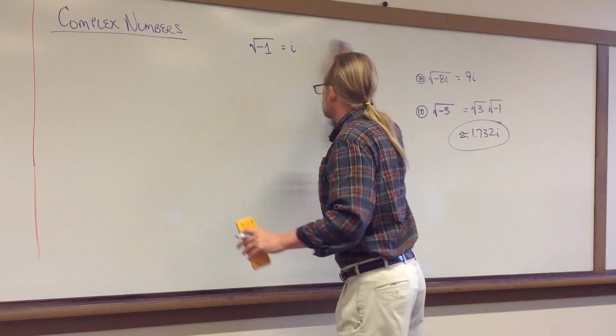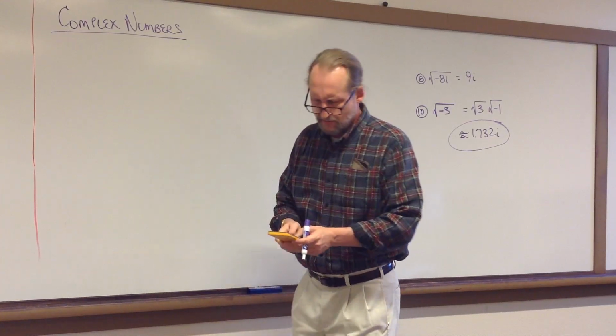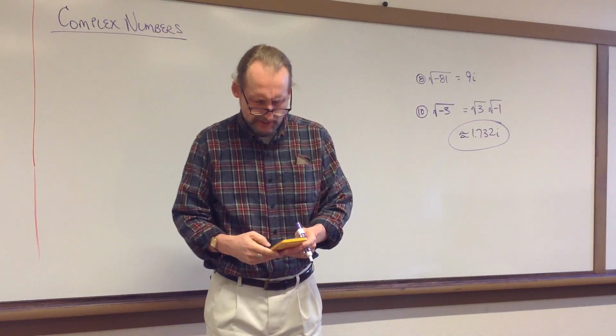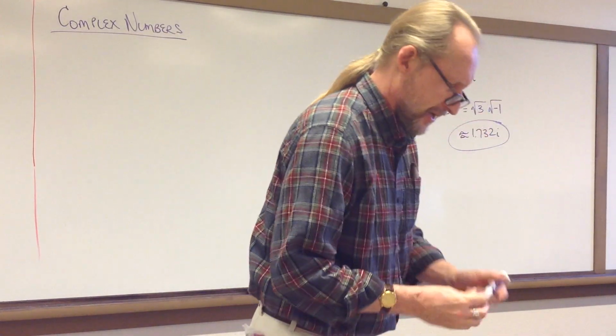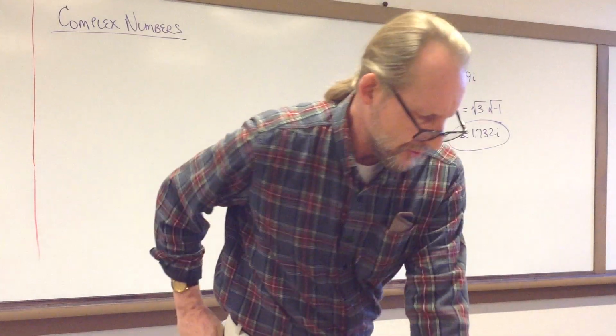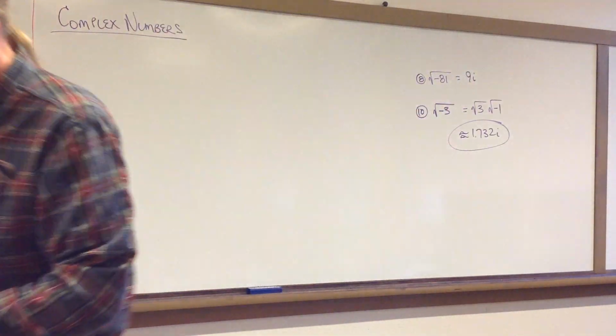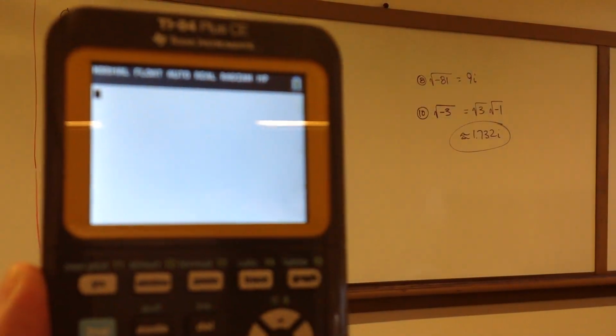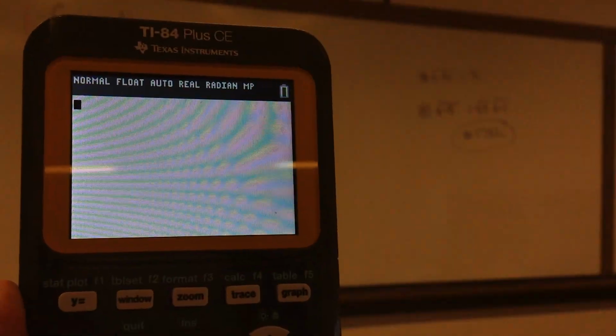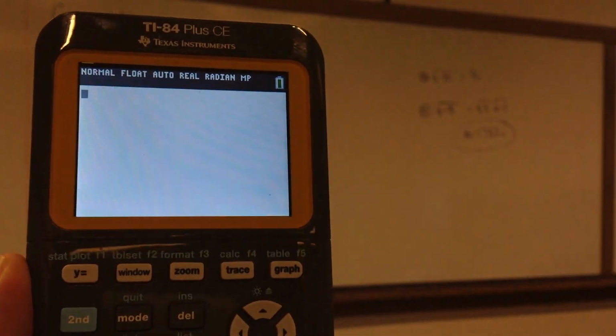So you can try to square root these as negatives. So let me show you what happens on this calculator. This calculator is kind of weird, and I'll show you why in just 1 minute here. Okay. So let's get a good look at the calculator. So there it is.